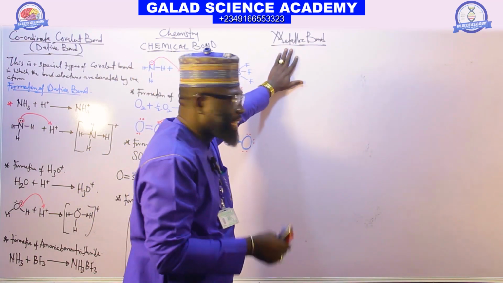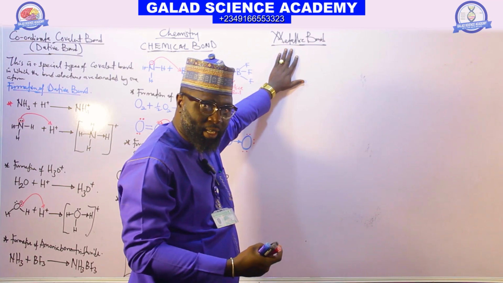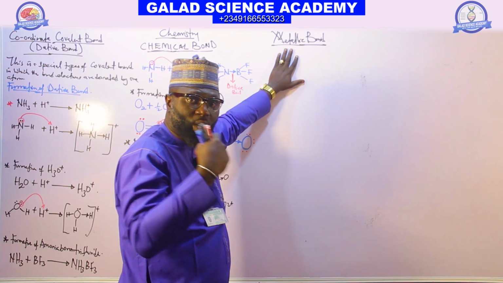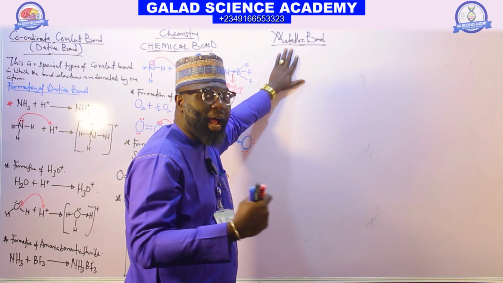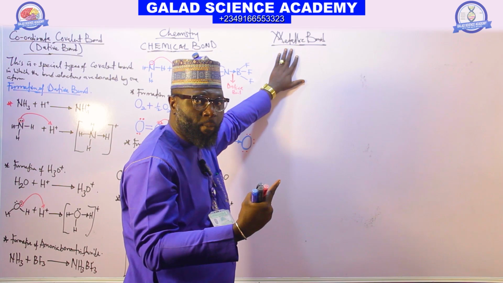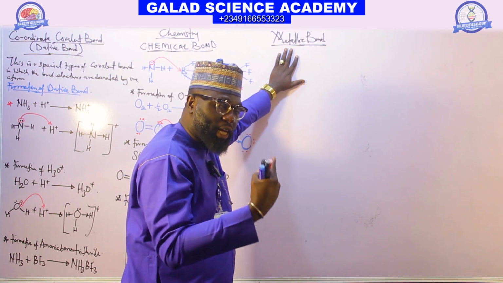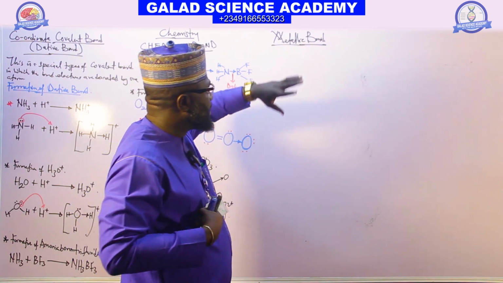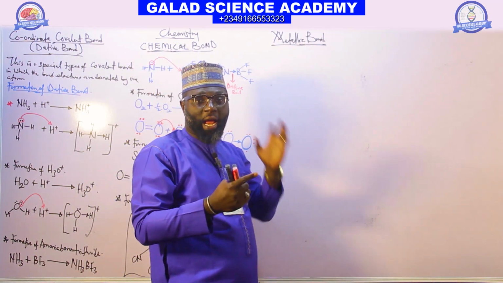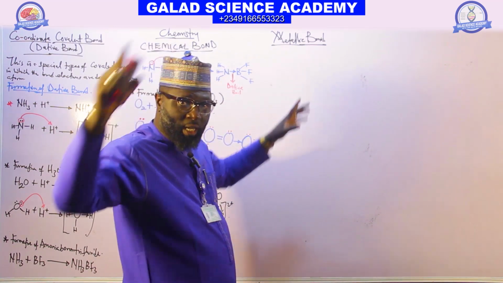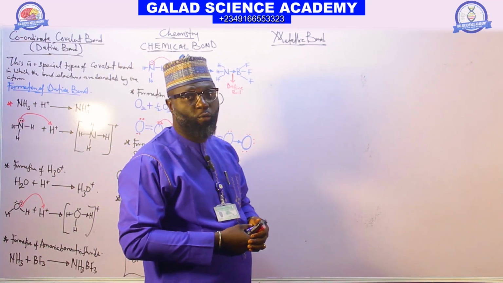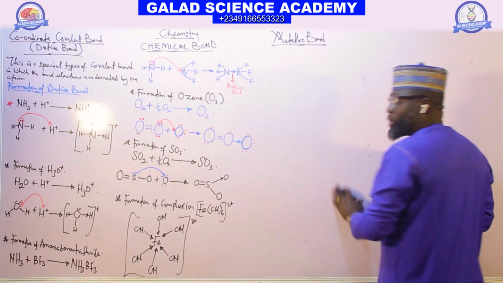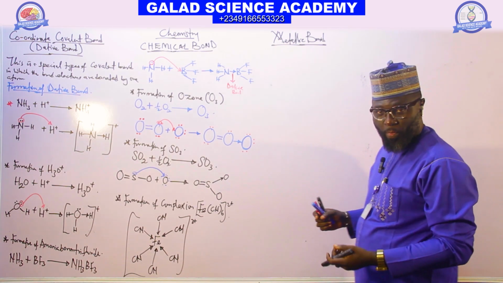You know, naturally, all metals ionize electrons. If they ionize electrons, the metal will become positively charged and the electrons will be moving around the metal in the form of an electron sea, or delocalized electrons.